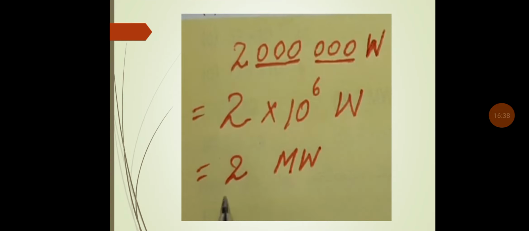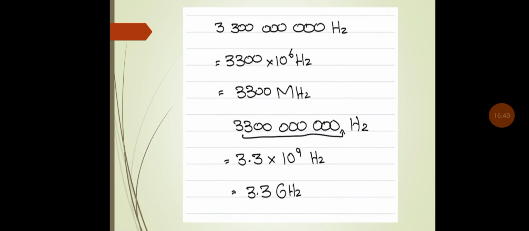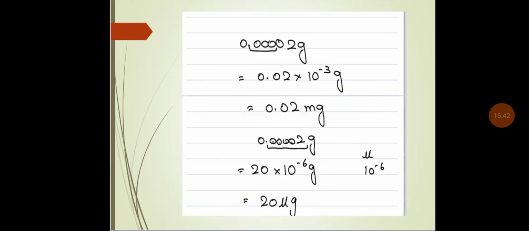I hope these examples are clear to you. For example, here we have 0.0002 gram. The decimal will be shifted after the first non-zero digit, that is 0.02 into 10 power minus 3 gram. Clear?